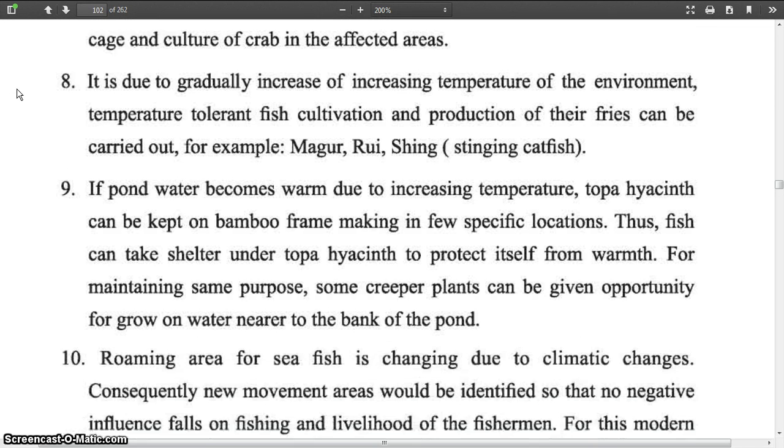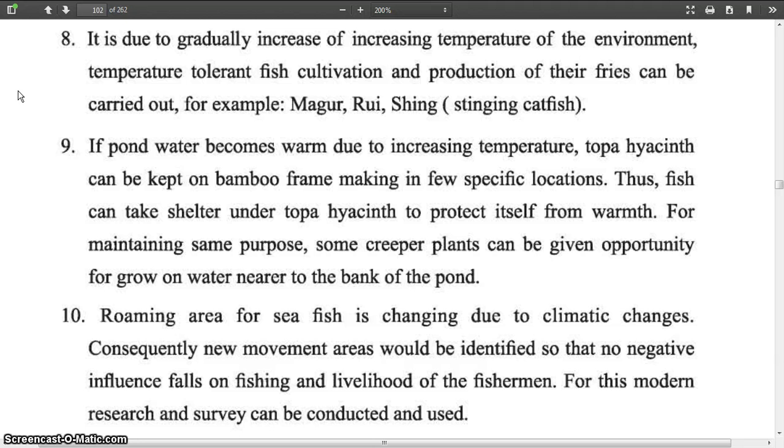Number 9. If pond water becomes warm due to increasing temperature, topa hyacinth can be kept on a bamboo frame, made in a few specific locations.